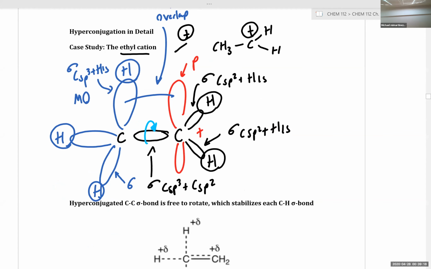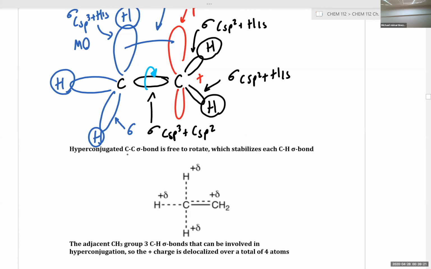Okay, so one thing I want you to keep in mind, the hyperconjugated carbon-carbon sigma bond, so this carbon-carbon sigma bond, we have direct sharing of electron density along the bond axis and also above the bond axis via hyperconjugation. And since the carbon-carbon bond is rotatable, each of the carbon-hydrogen sigma bonds can participate in hyperconjugation, as we've seen above.